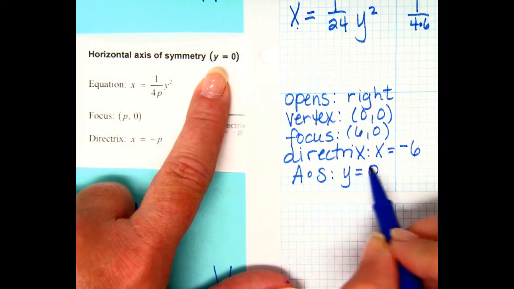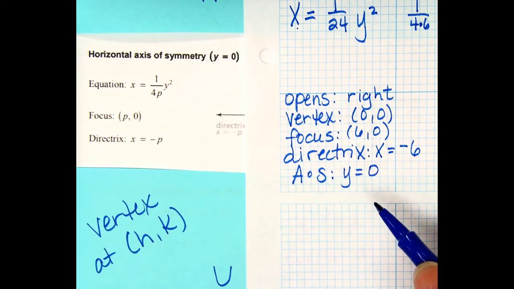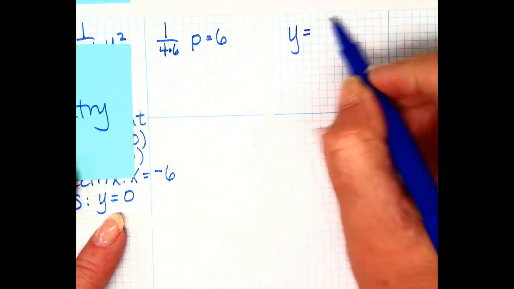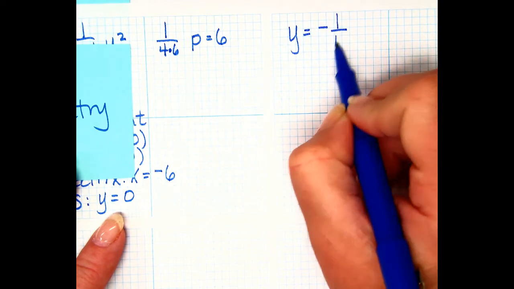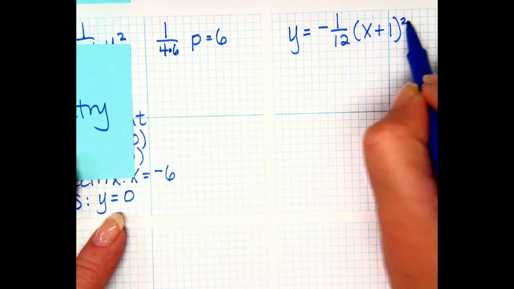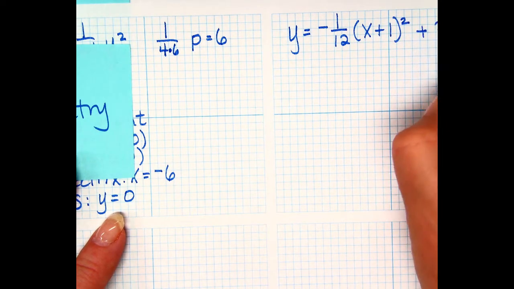Y equals 0. Yes? Questions? Okay. What about this one? Y equals negative 1/12 times (x plus 1) squared plus 3.